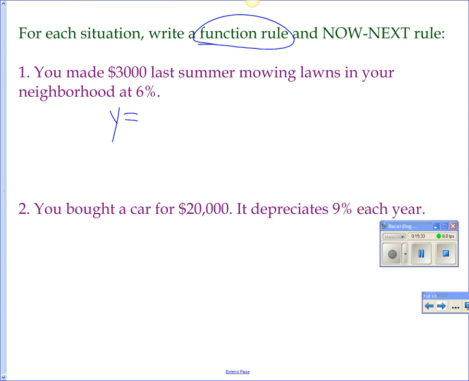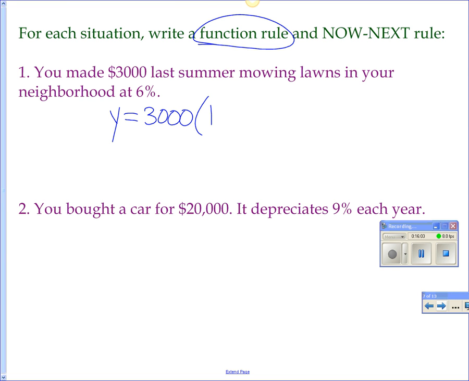What is my starting value? 3,000, so I put that next. It has a percent, that means I use parentheses. I also have to put a 1. Whenever I see a percent, I've got to put a 1. And you have to decide, is your money increasing or decreasing?